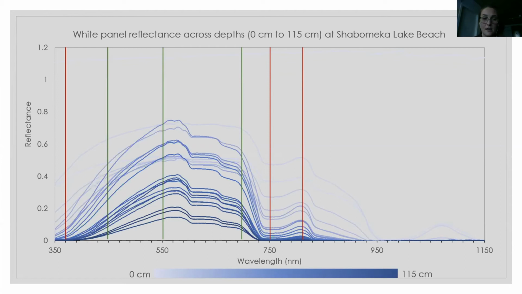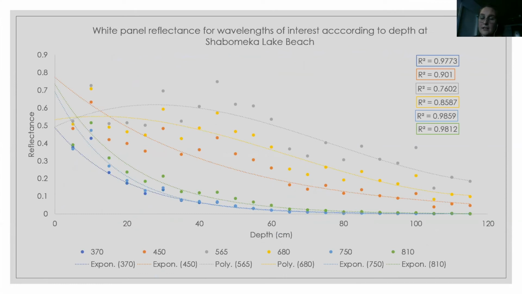Next. So I plotted each of these 6 wavelengths against depth, and I found that for the 3 that followed that relationship, 370, 750, and 810, they're all dominated by processes attributable to the water itself, so the scattering and the absorption of water, and they show uniform exponential decay according to depth.